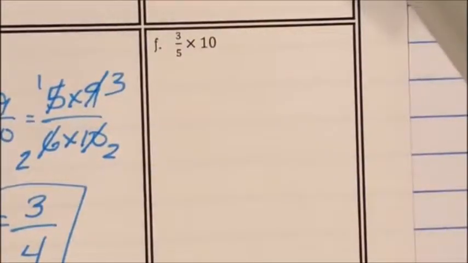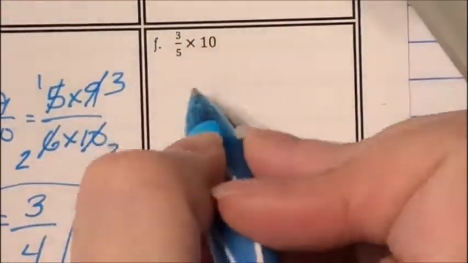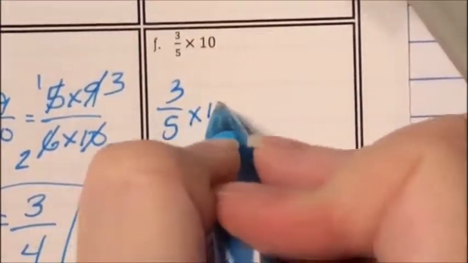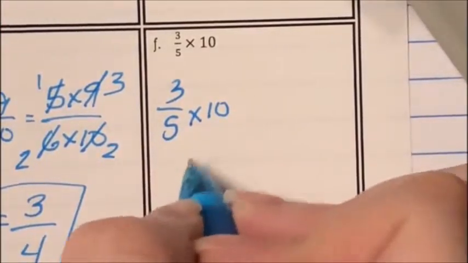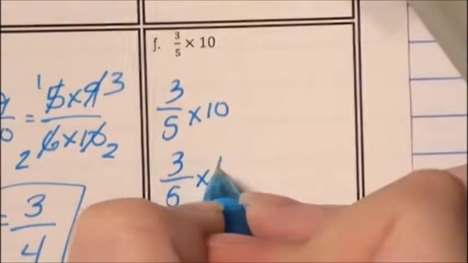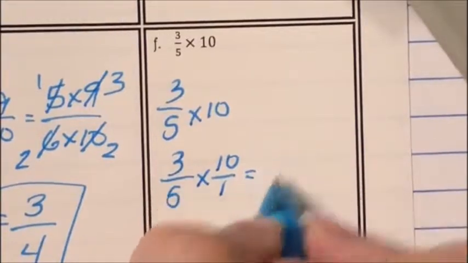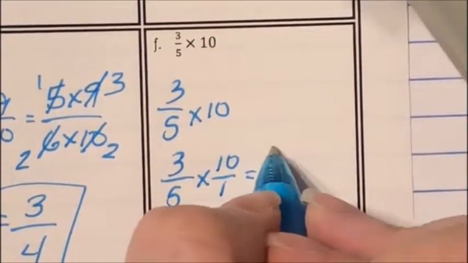Okay. Letter F says 3/5 times 10. I'm going to rewrite 10 so it is a fraction. Okay, so then I'm going to multiply my numerators.